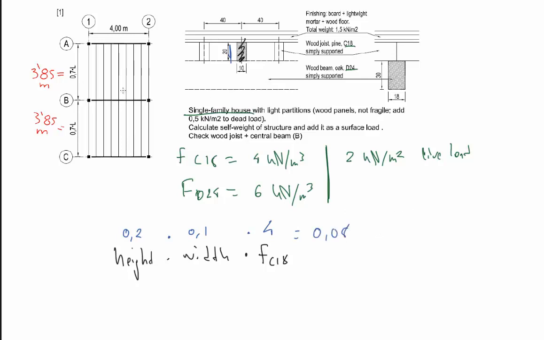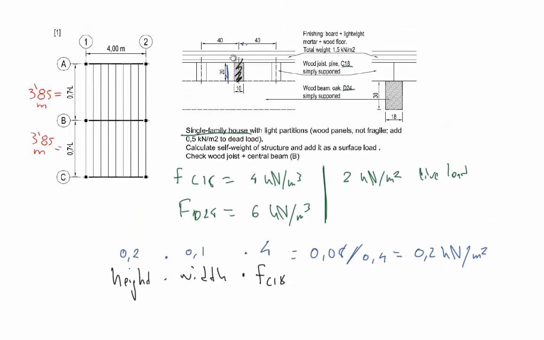These are located, so we take 1 meter and see how much that is per square meter. The distance between them is 40 centimeters, so we divide by the distance to get per meter. That equals 0.2 kilonewtons per square meter.